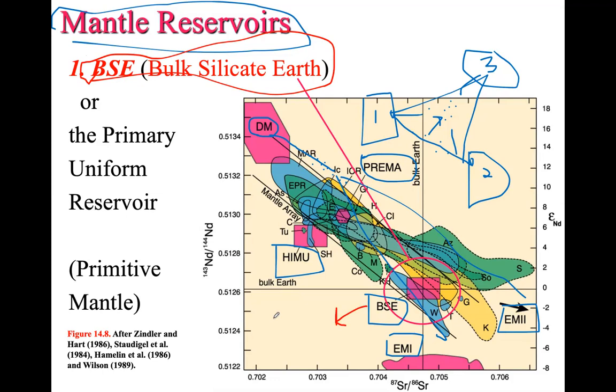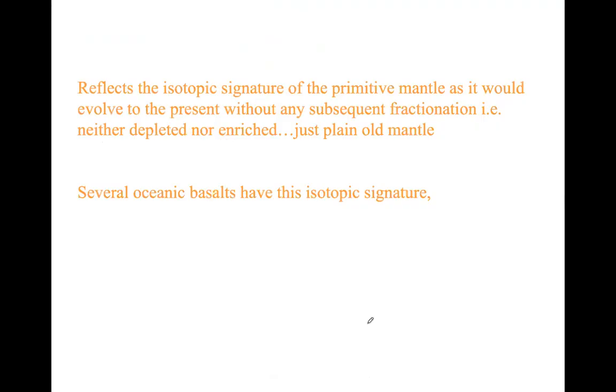But in the lower mantle region, very limited modifications are there, so it still contains the original composition. So you can consider that bulk silicate earth approximates the lower mantle composition. This is one of the mantle reservoirs.